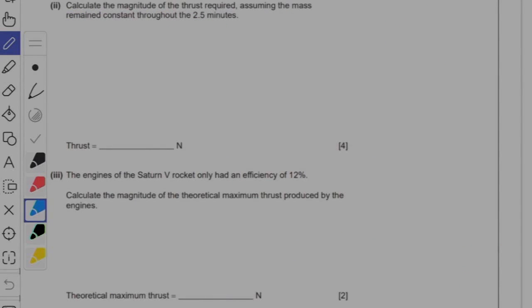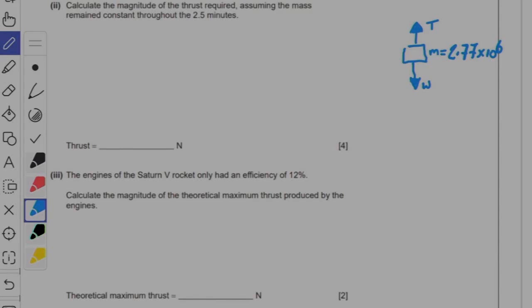Part 2, calculate the magnitude of the thrust required assuming the mass remained constant throughout the 2.5 minutes. Okay, because in reality the mass would change as it burnt fuel, yeah? So we need to establish a set of parameters like the upward force, downward force, and mass of the thing, and do an F equals ma calculation.